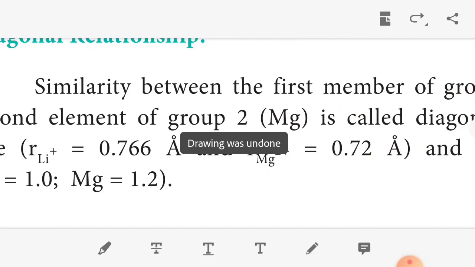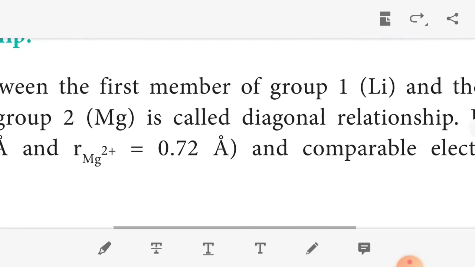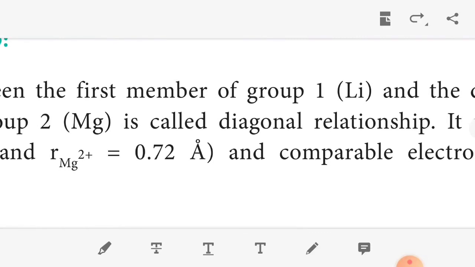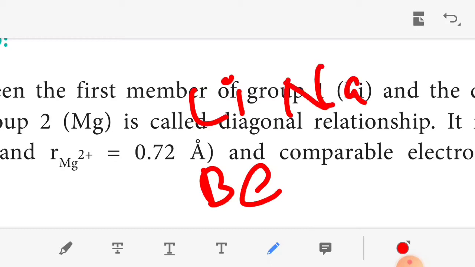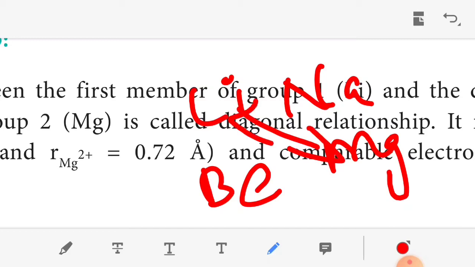The similarity between the first member of group one, lithium, and the diagonally placed second group element, magnesium. Lithium is the first element of group one, and the second group starts with beryllium. This is the diagonal relationship between lithium and magnesium.